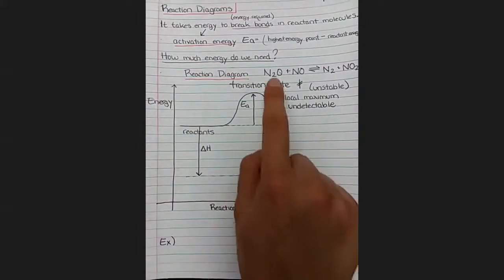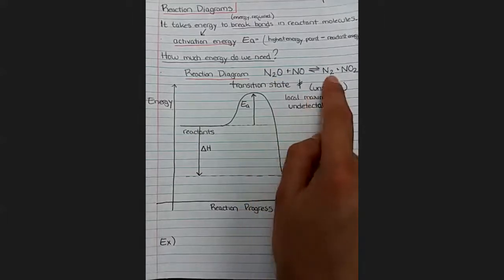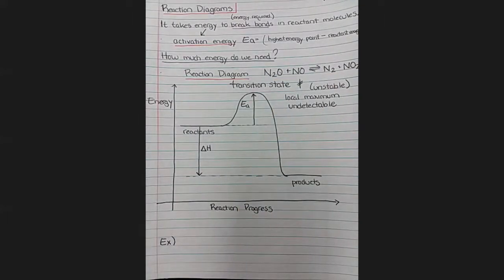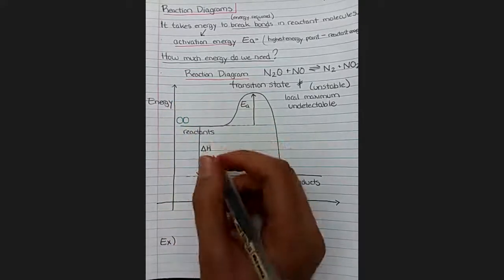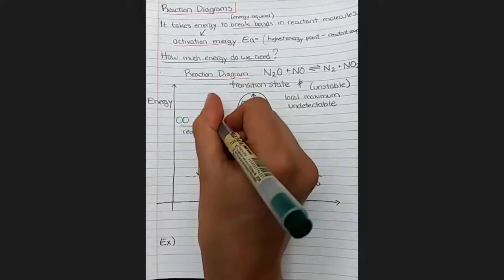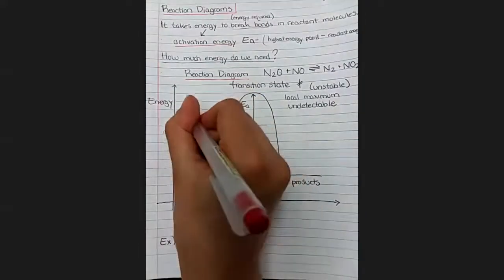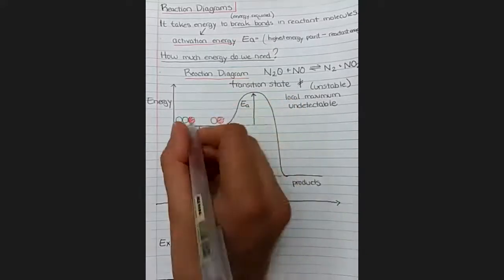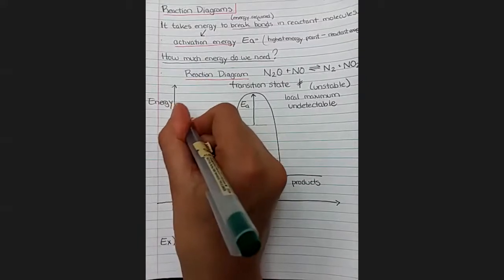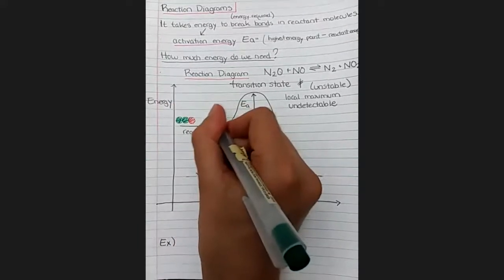And so now let's take our pictures of the molecules and let's draw them on here so we can think about what this looks like as it's happening. So our reactants were N2O and NO2. And as we talked about in the orientation section, we know that the oxygen and the nitrogen have to collide because those are the ones that are going to be bonded in the products.